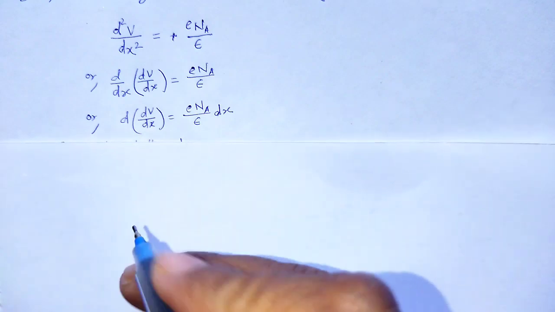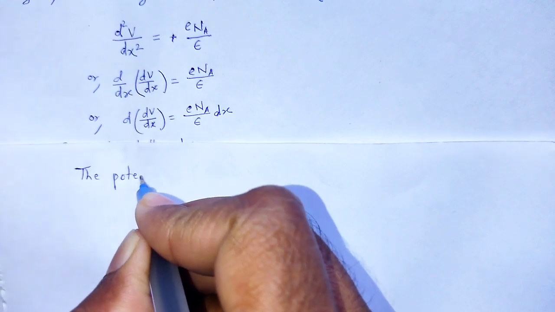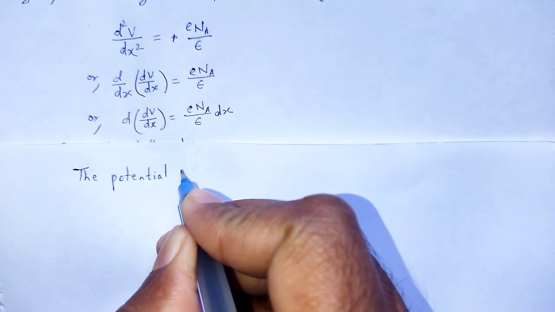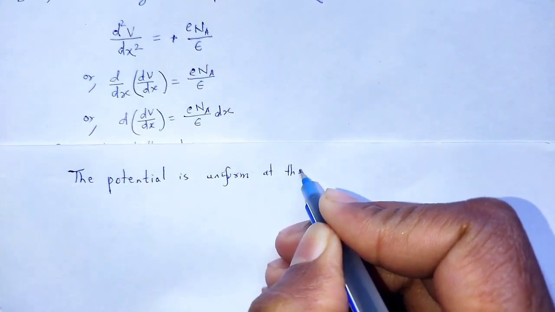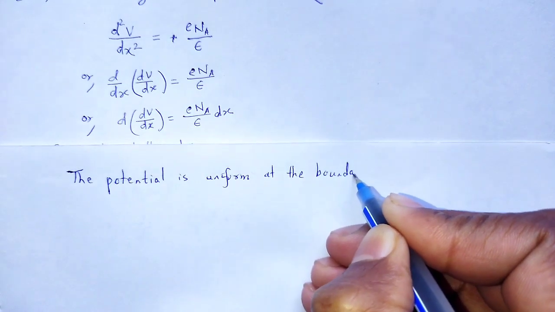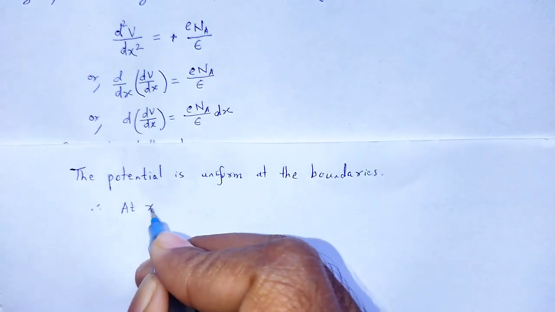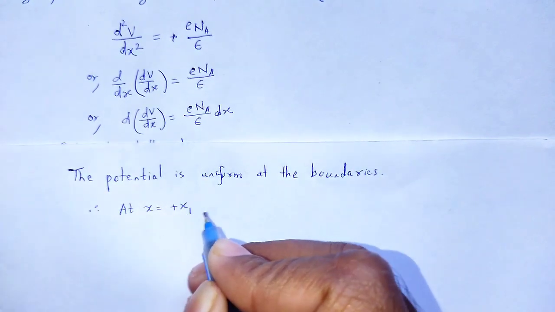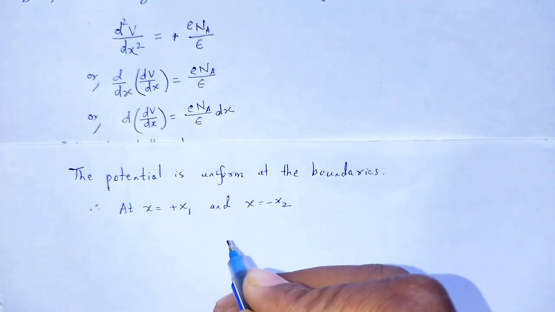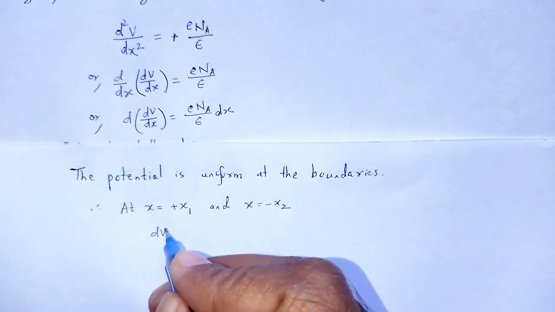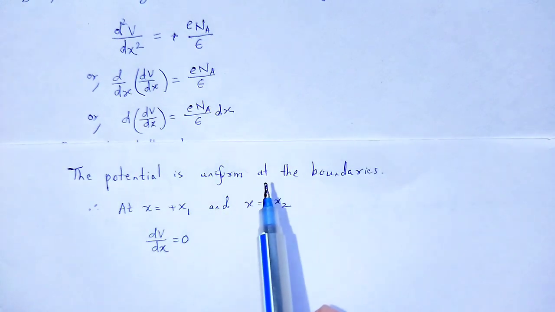The potential is uniform at the boundaries, that is at x equal to plus x1 and x equal to minus x2, so dV by dx will be 0 as it is uniform.